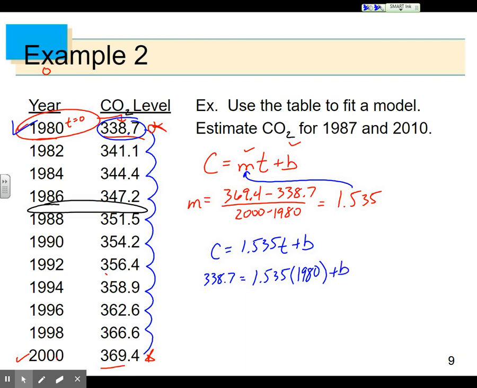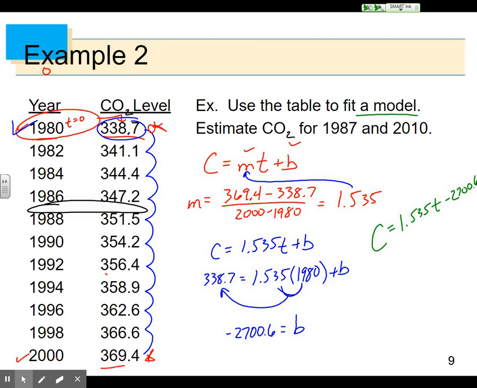So if I multiply these together and then subtract it off, I'm going to get an awesome negative number, negative 2,700.6 is what I have in my notes, and that's going to be my B. Good news, I got my M, I got my B. I can rewrite this now as 1.535 T minus 2,706, and that is my model.